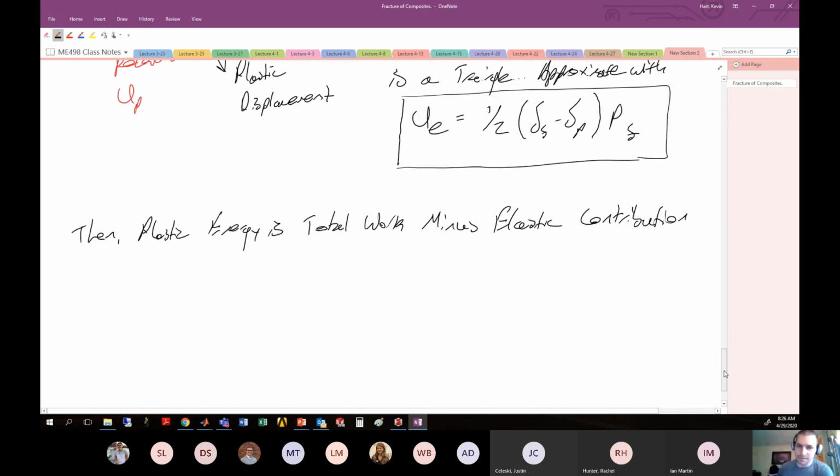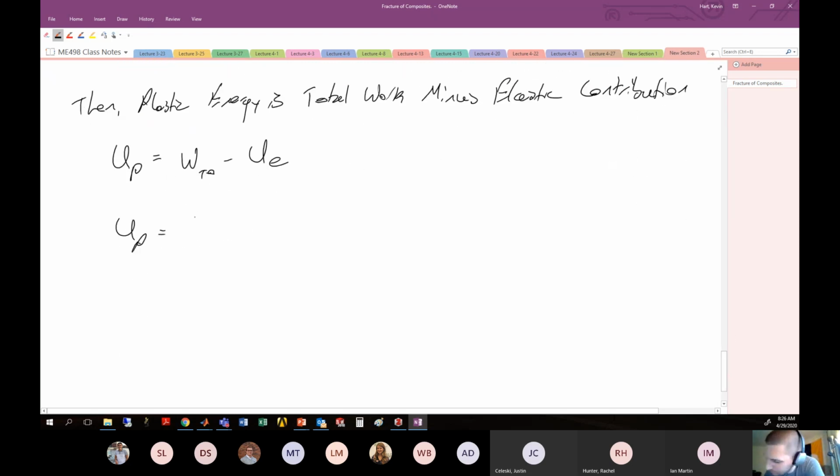We would say that the plastic energy is the total work minus the elastic portion. We know the total work to be the integral under the curve of this load displacement.